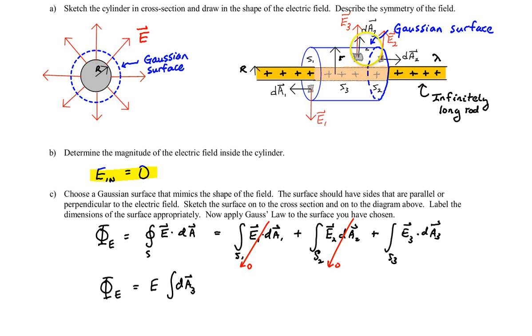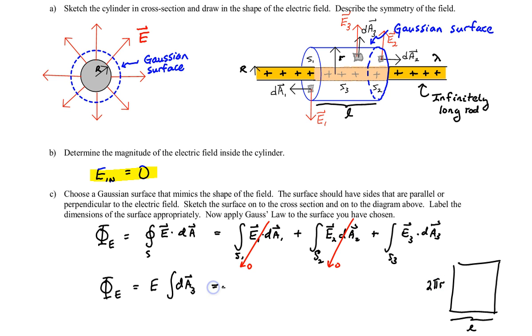So you can imagine that you're going to unravel this cylindrical wall, and let's call this length L. That's the length of our Gaussian surface. So this is L. And then if you unravel around this, hopefully you will think of this as the circumference, which is 2 pi r.